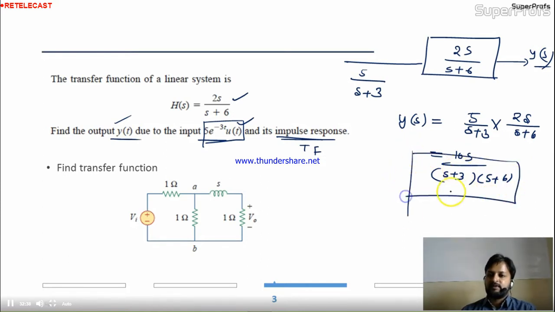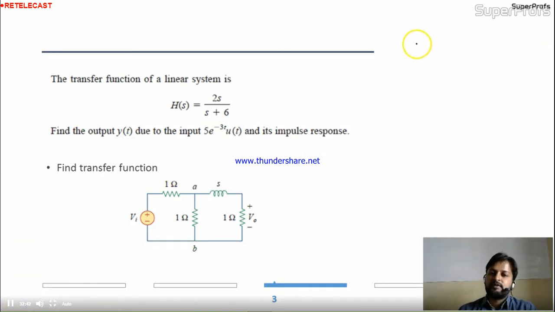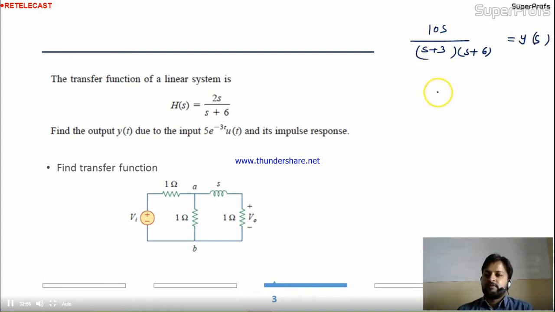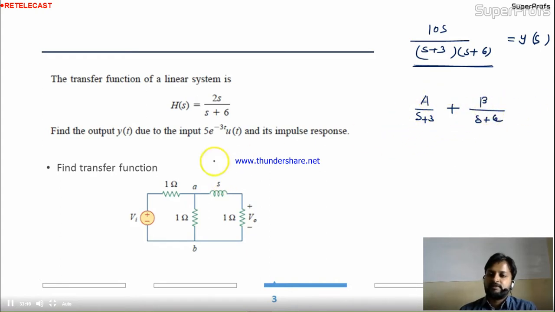Remember this equation, 10s over (s plus 3)(s plus 6). This was nothing but Y(s). Now by partial fractions I can resolve it. This will be A over s plus 3 plus B over s plus 6. Okay, I'll not go into the partial fraction. Directly I'll do this.